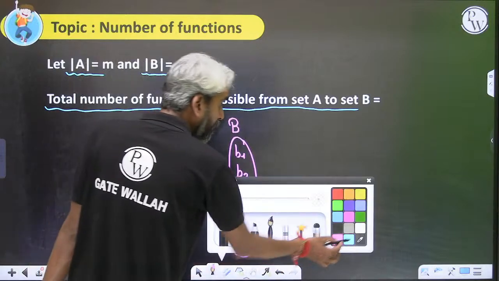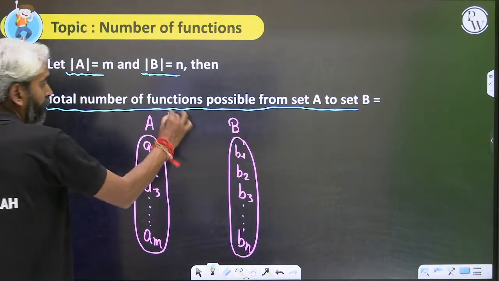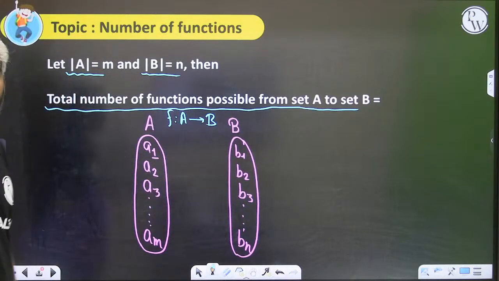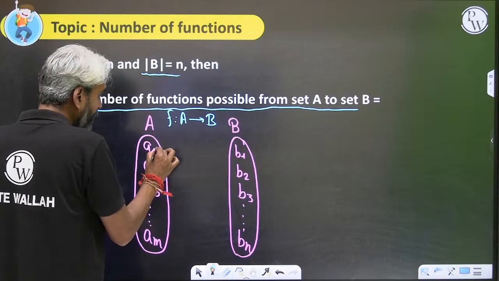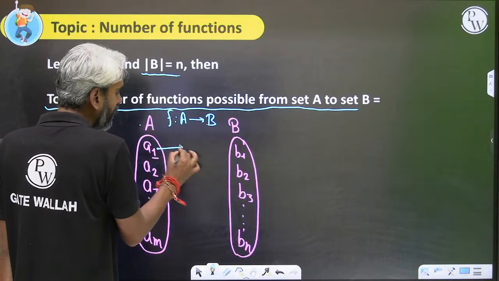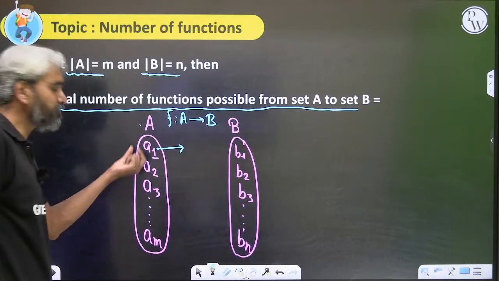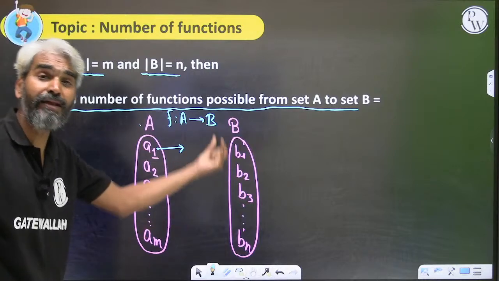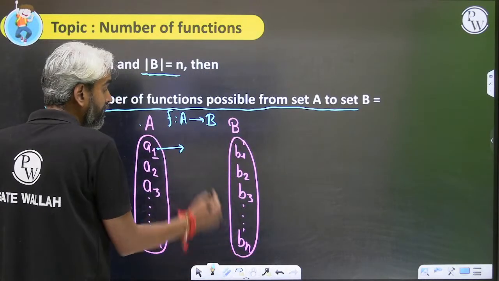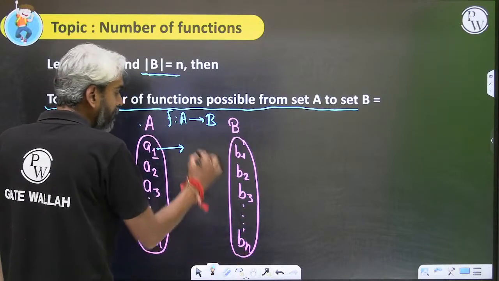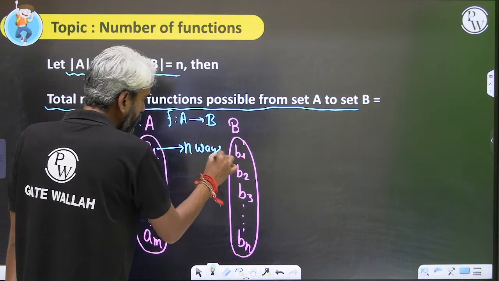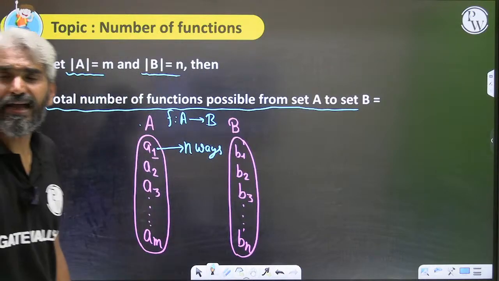So how many functions are possible from A to B? The simple concept is that the first element of the domain should map with exactly one element of the codomain. So in how many ways can this first element map? The first element A1 can map with any one of these n elements, in n ways.